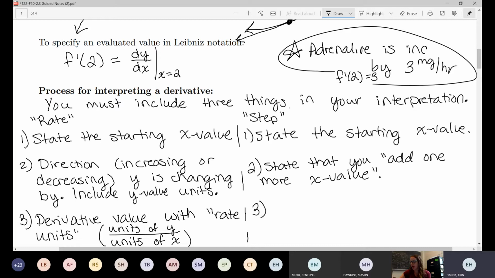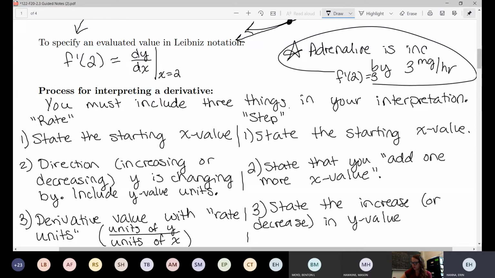So you essentially say you're adding on 1 x value, and then you're going to state the increase or decrease in y values with what I refer to as y units.